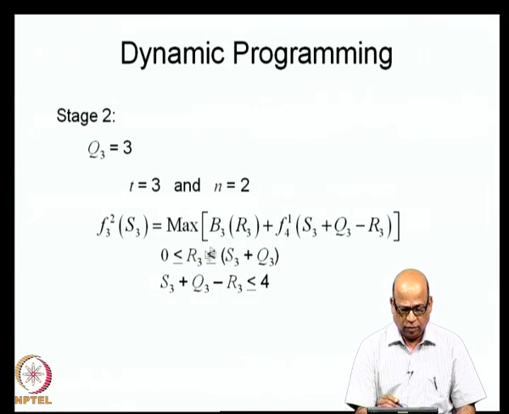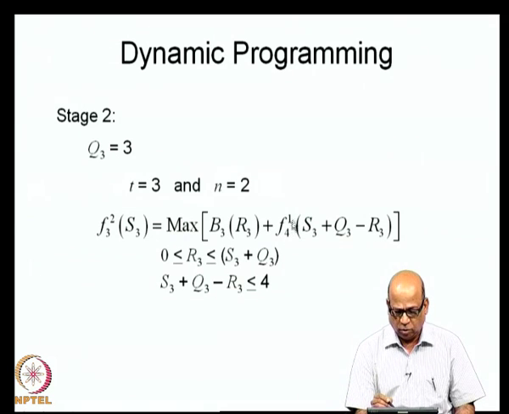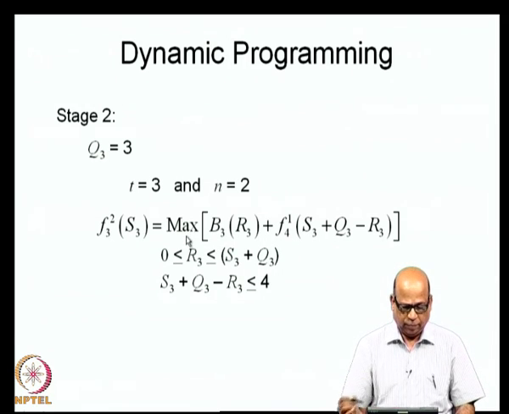So, we are making a decision on R 3 such that the total benefit starting with this particular stage and all the previous stages included. In this particular case, there is only one previous stage. So, the total benefit should be maximum.